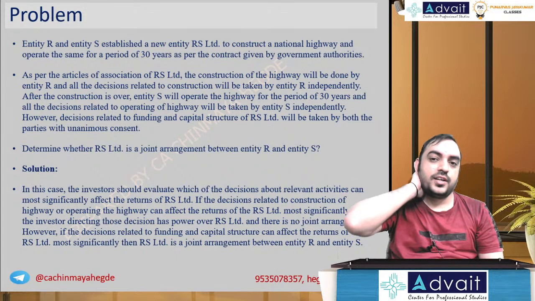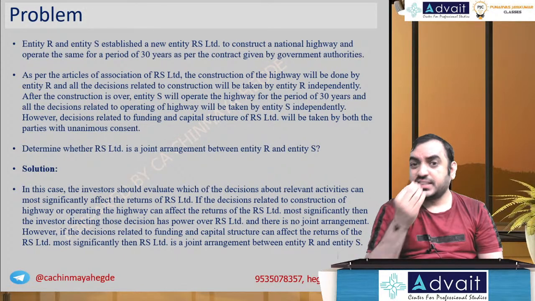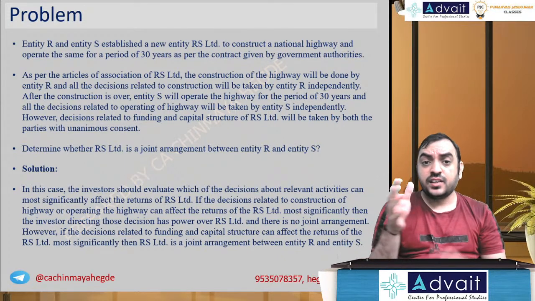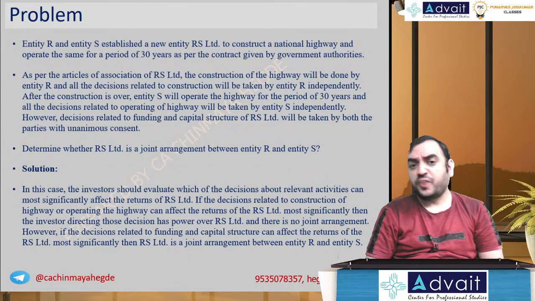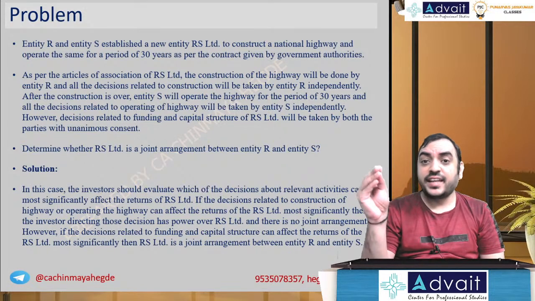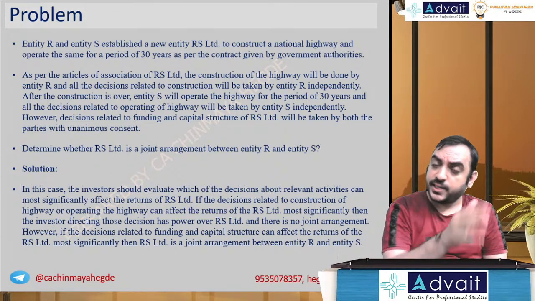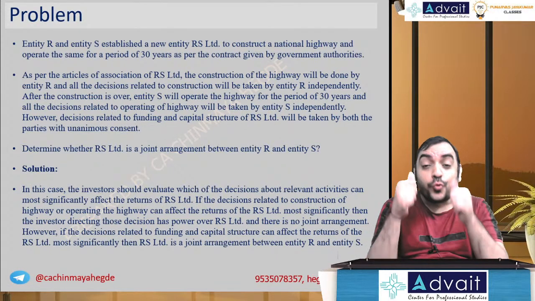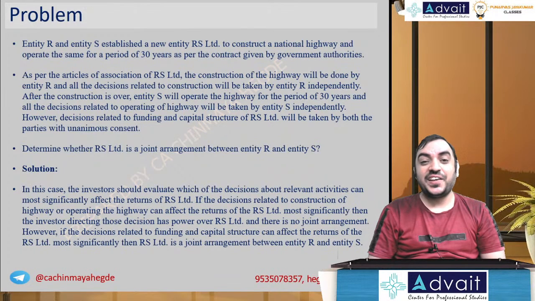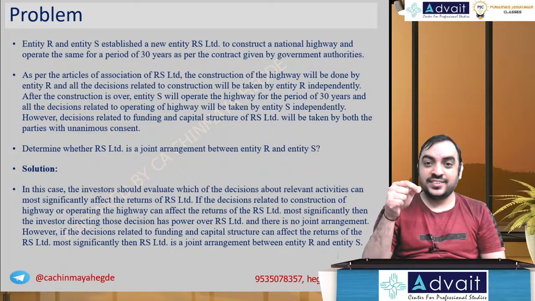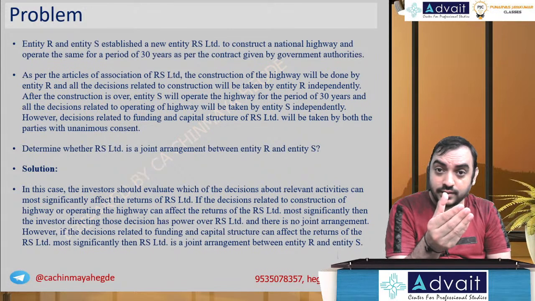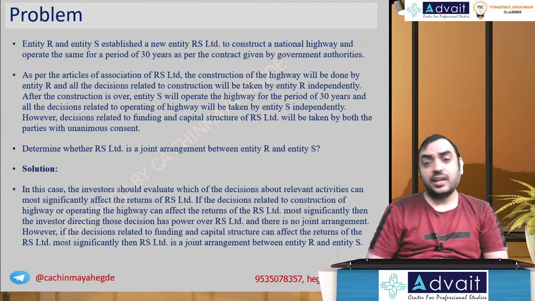So here, in some other problems, things used to be directly given. Relevant activities are decided by the board of directors, or relevant activities are decided by shareholders. They used to give it like that. But what the relevant activity exactly is, is a question we have to answer in this question. Construction is taken care of by R Limited.